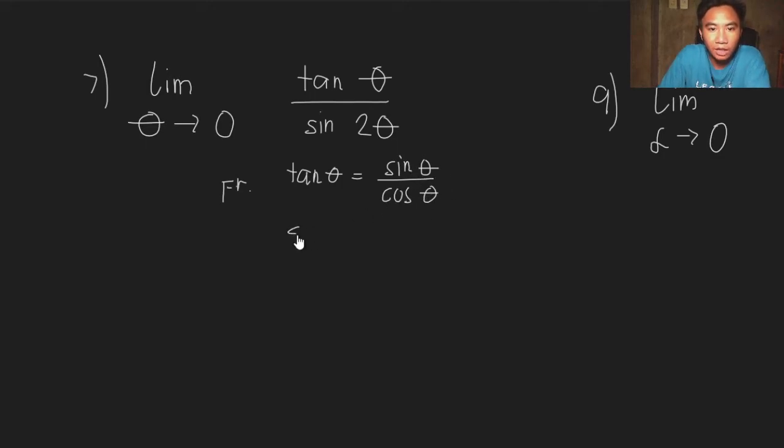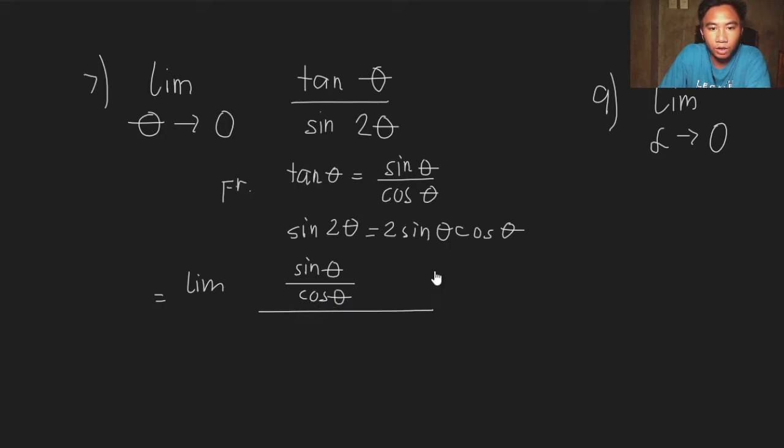Tapos si sine 2 theta is double angle, which is 2 sine theta cosine theta. So, by substitution, the limit is sine theta all over cosine theta all over 2 sine theta cosine theta as theta approaches to 0.